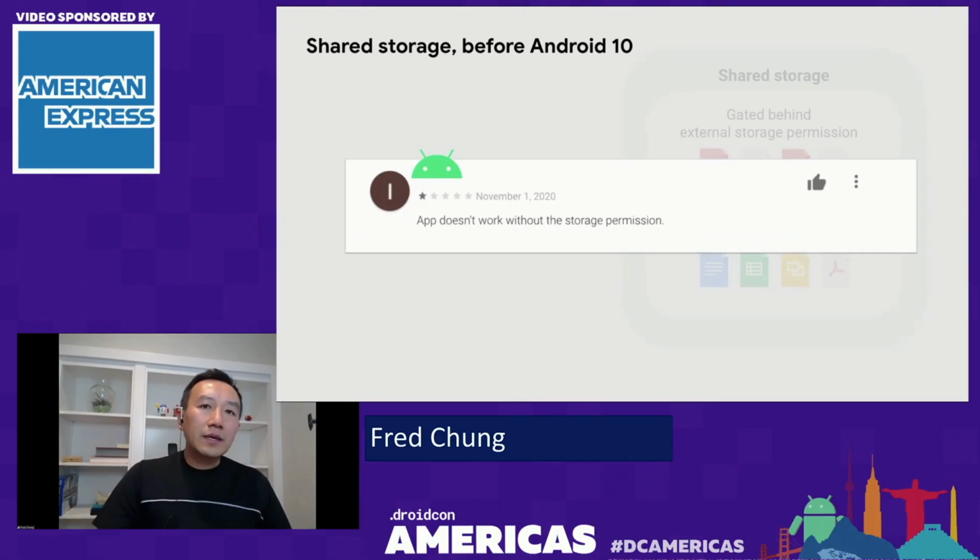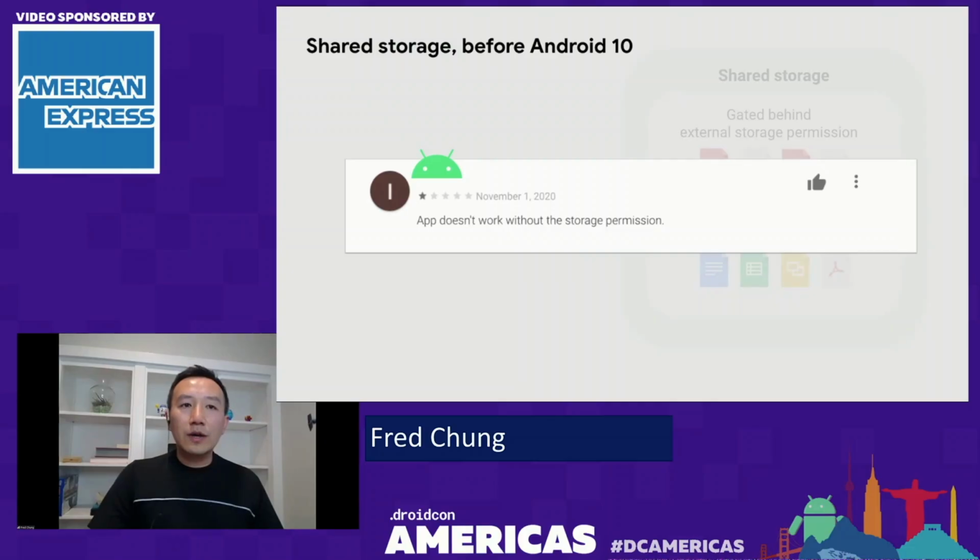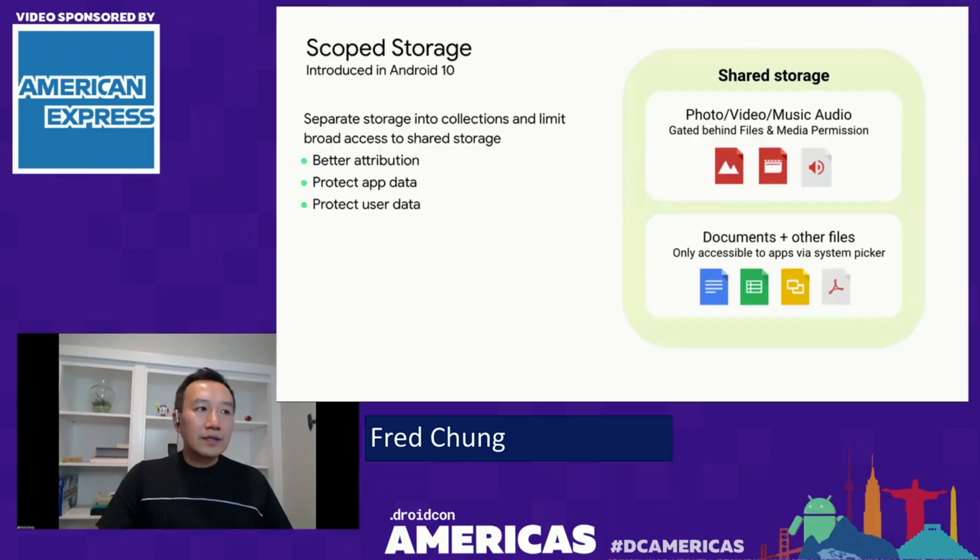But for some users that really care about it, they get upset, and rightfully so. It doesn't make sense for a lot of apps to request access to the entire external storage if they, for example, only need access to a specific folder. So how do we deal with it? The answer was scoped storage in Android 10, right?